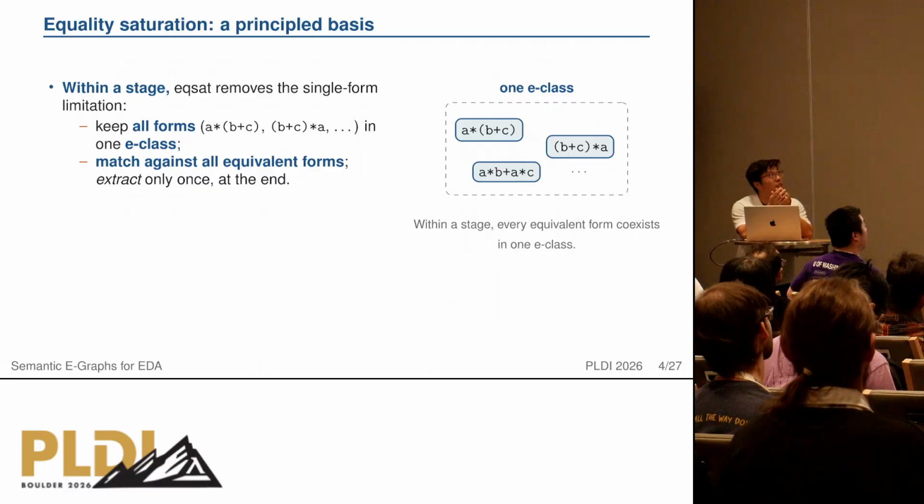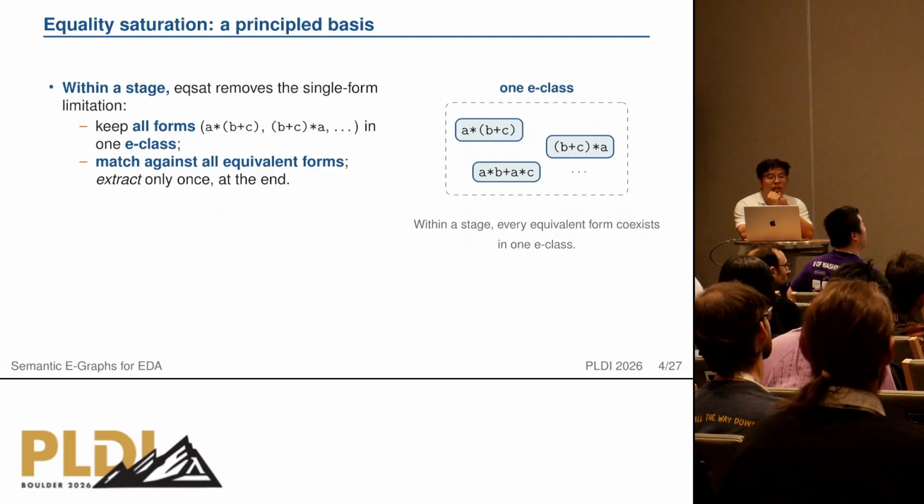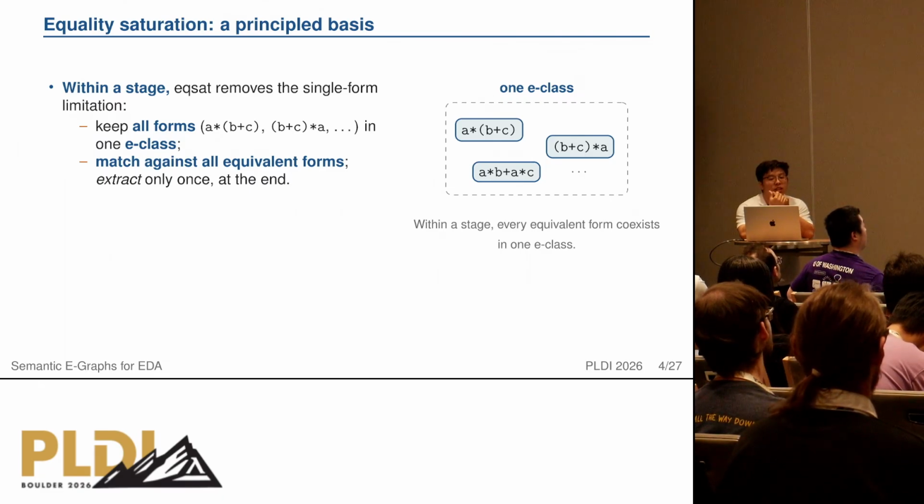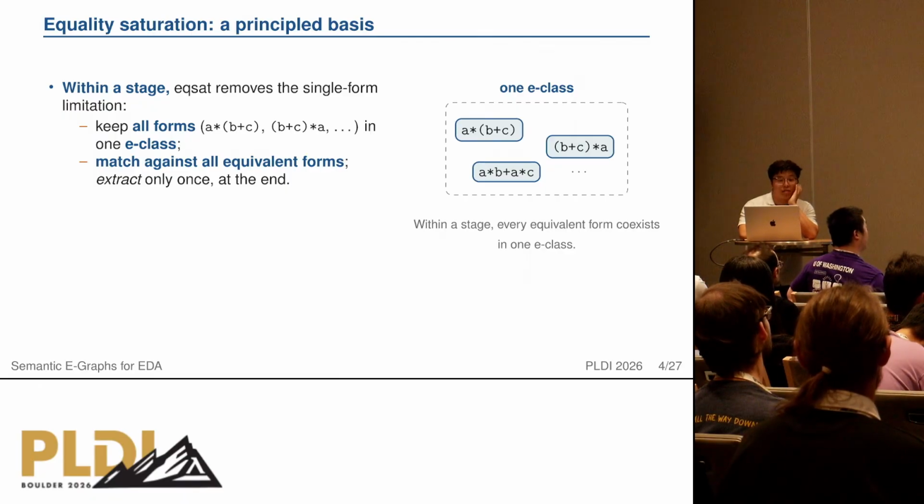So this is where equality saturation comes in. Equality saturation removes the single form limitation. We can maintain all the equivalent expressions in the same e-class, and the mapper can match against all equivalent forms, extracting only once at the end of the flow.